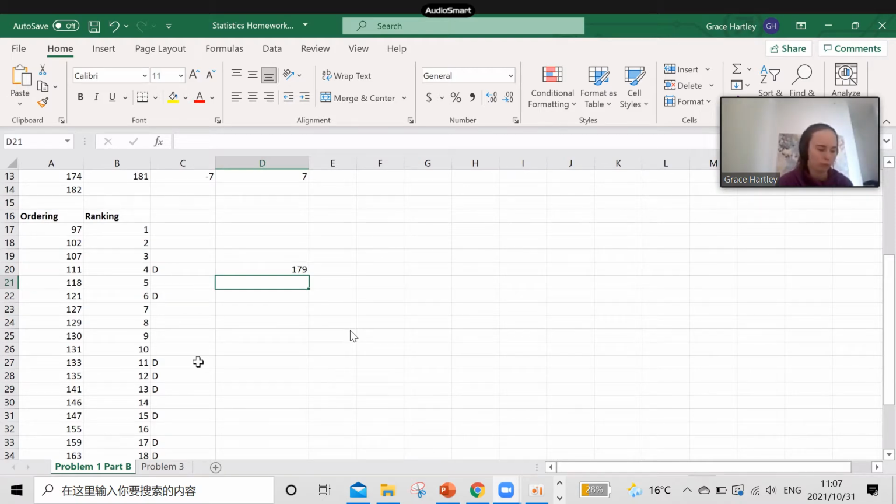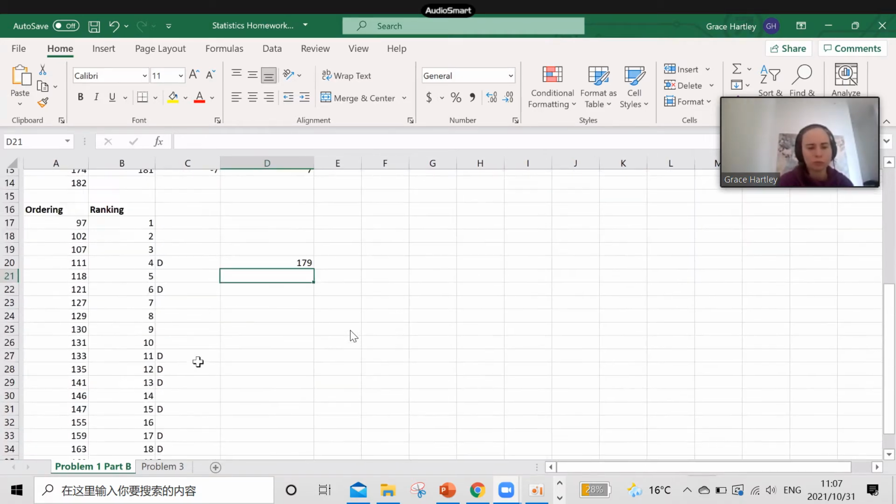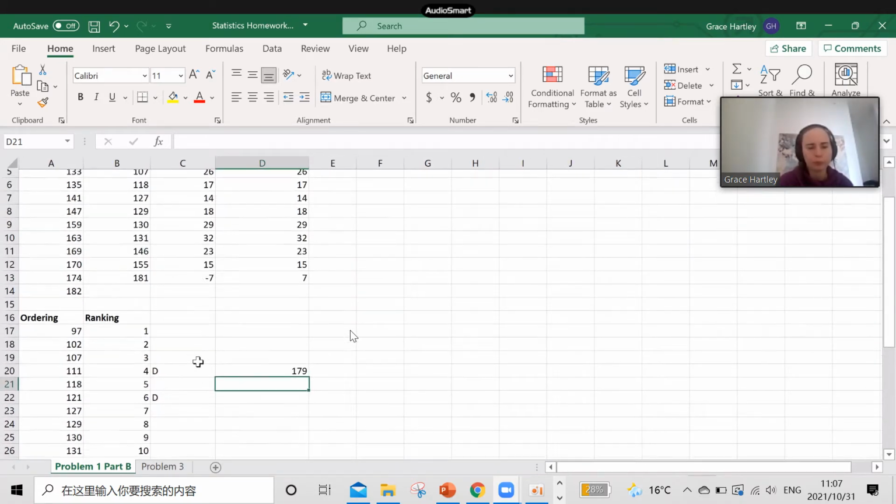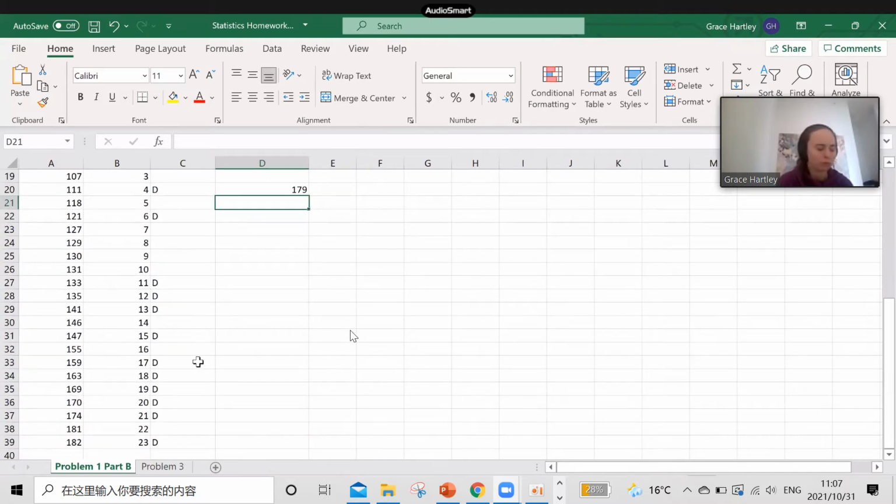But here, at first glance, I would say maybe we will reject the null hypothesis, because there are a lot of Devon statistics in the bottom. If you just look at it, there are more in the bottom than on the top. So maybe the Devon statistic is higher than the Cornwall statistic.